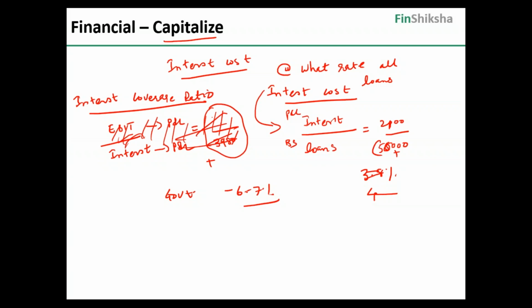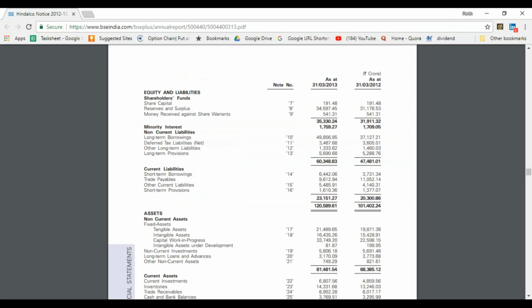The second thing people will say is they would have got foreign currency loans, which is not true. Some of the loans were foreign currency loans, but let's understand whether this figure is different from the cash flow statement.